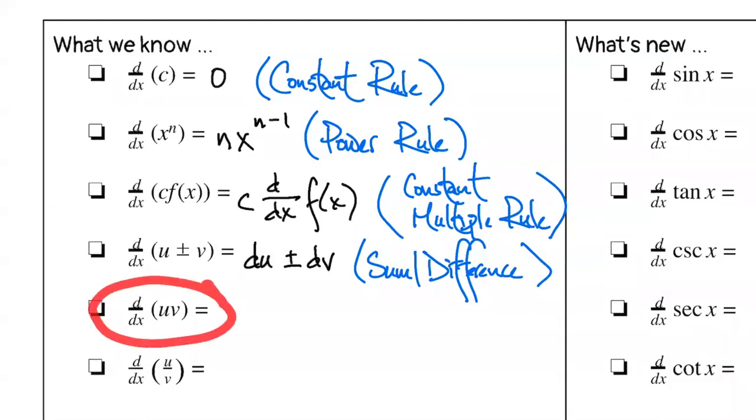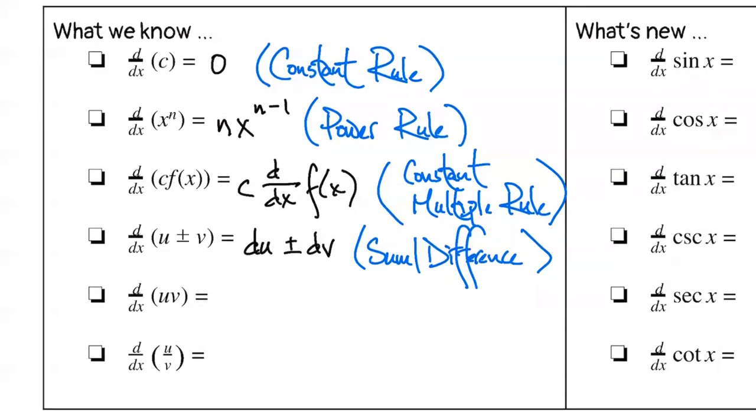Okay, what do we get, folks, when we apply that one? All right, so we are looking to use that rule, yes. And so we can say u dv plus v du, or the other way around, and we can call that the product rule, okay?